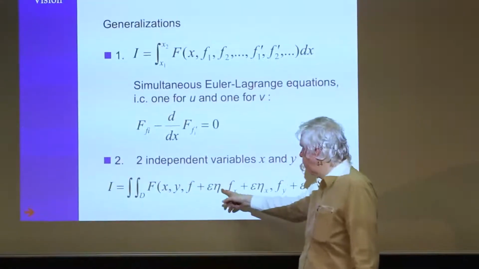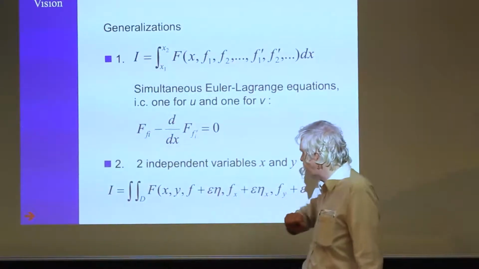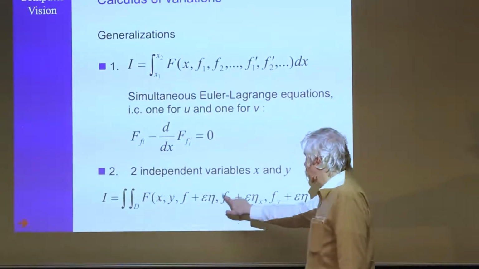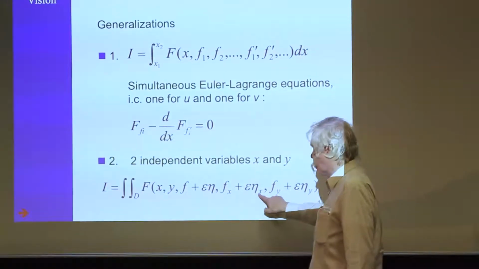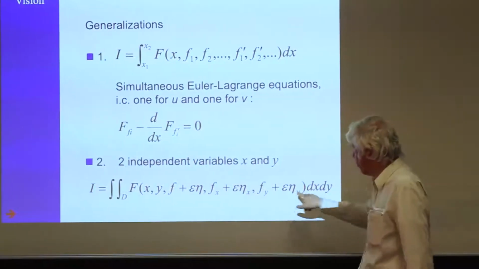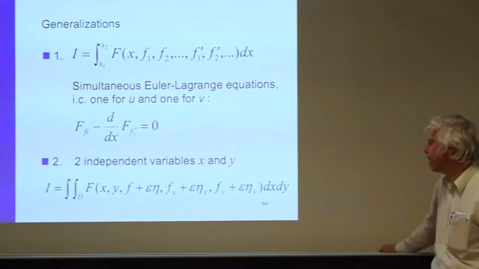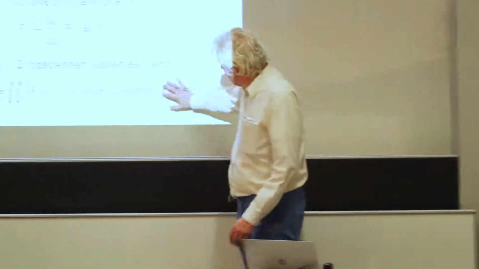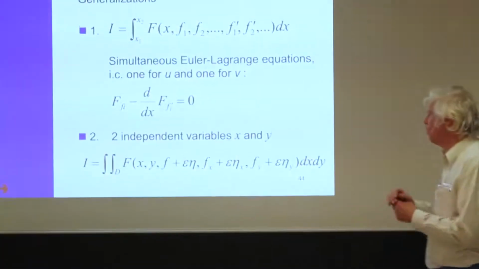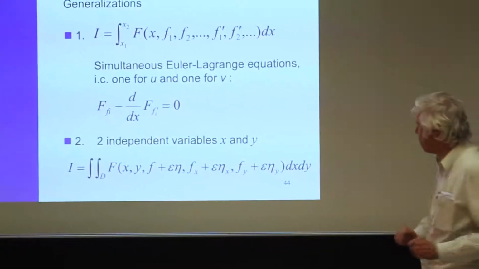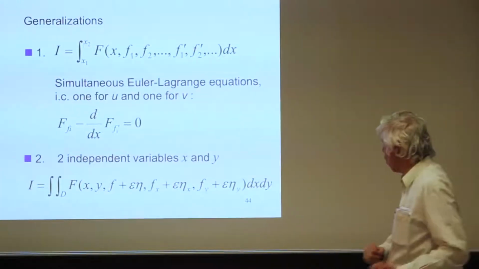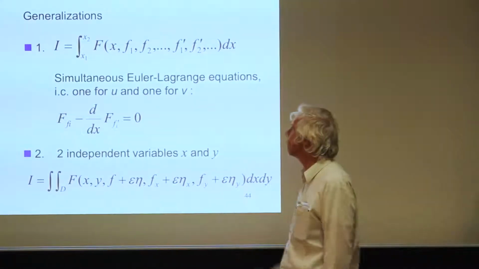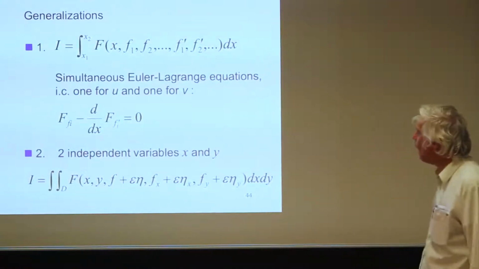So you have a function with the test function added a number of times, but then for the derivatives, you have also a component coming from x and a component coming from y. So now we have an additional part here. If we want to derive with respect to epsilon as we did before and put the whole thing to 0, we have an additional part coming in from y. And we have to deal with that.